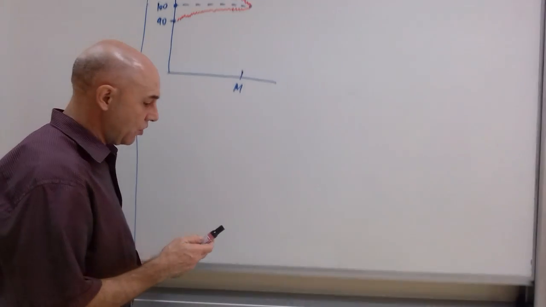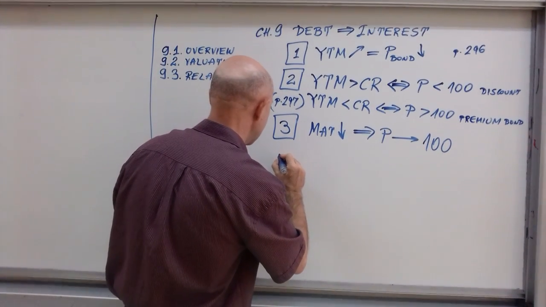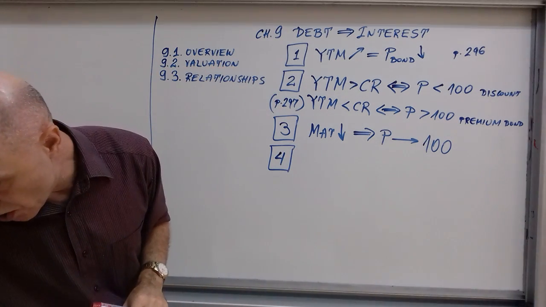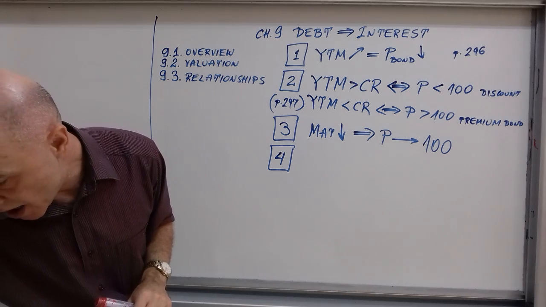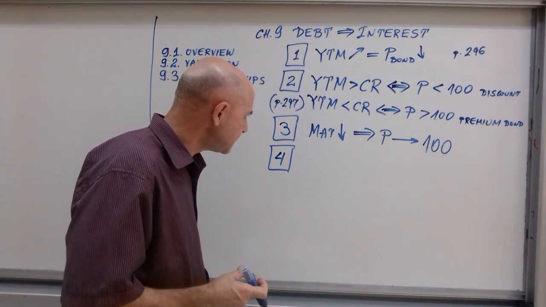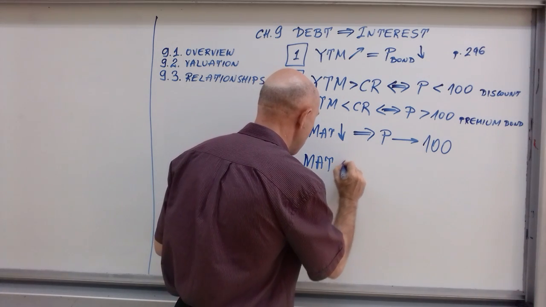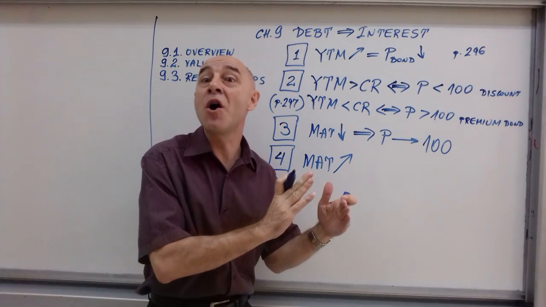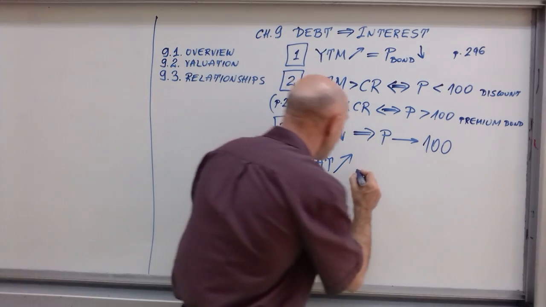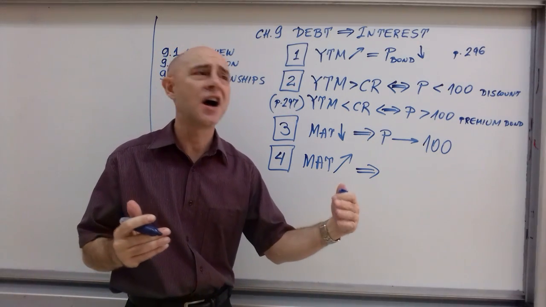And now, number 4. What's 4? Long-term bonds have higher interest rate risk. Okay. So, as maturity rises, in other words, as the bond gets longer and longer term, the price volatility gets higher and higher.